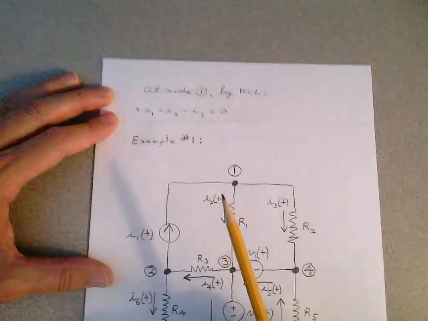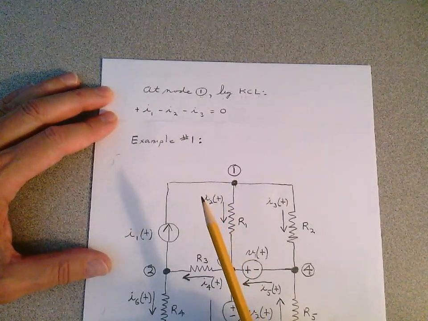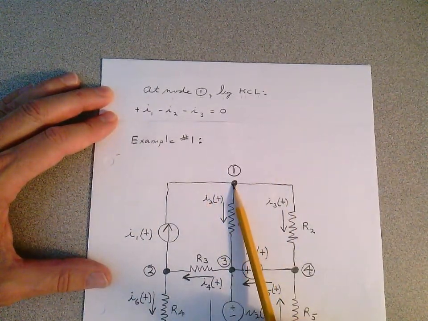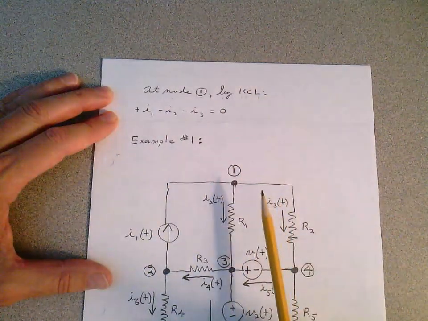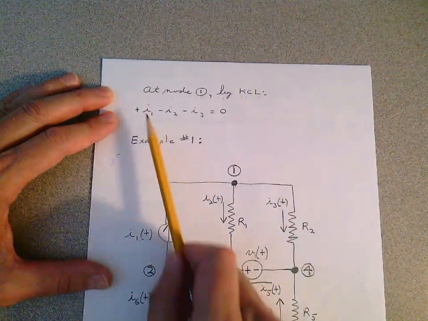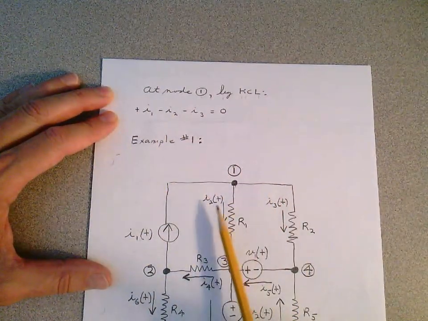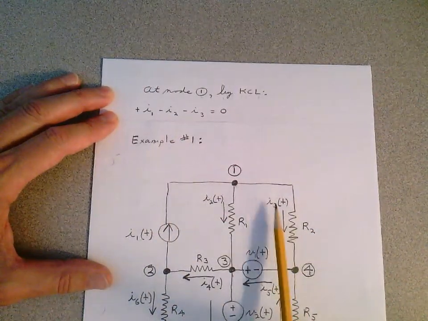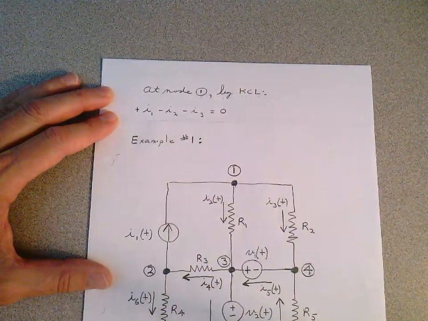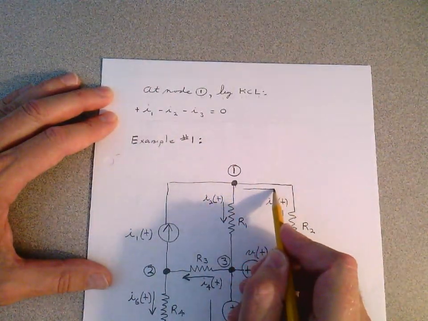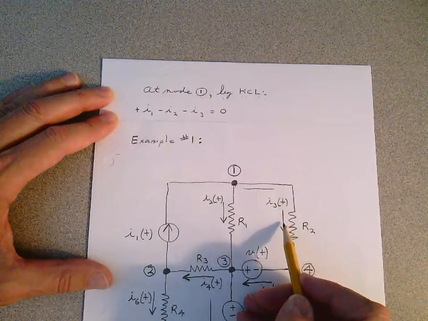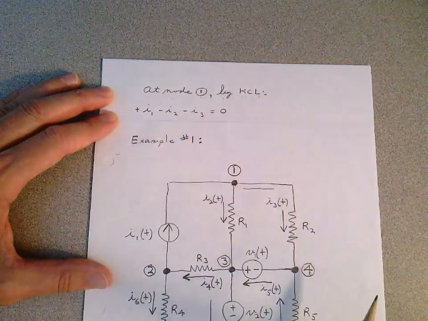And I want you to write the equation. So can you look here at node 1, by Kirchhoff's current law, and can you see a plus I1, minus I2, minus I3, because I3, don't forget, is leaving, and coming down through here, equals 0.